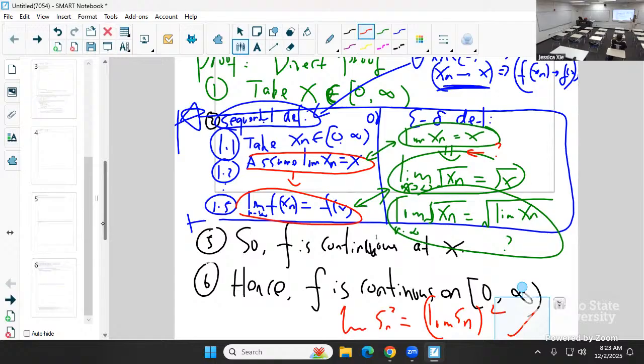Similarly, we have a similar one: the limit of the square root equals the square root of the limit, and the limit of the square equals the square of the limit. They are both true. But to show this, you have to find the theorem or proposition in section 11, 12 or 13, I cannot remember. Find it and cite it, because of the theorem we have this. So that's true.